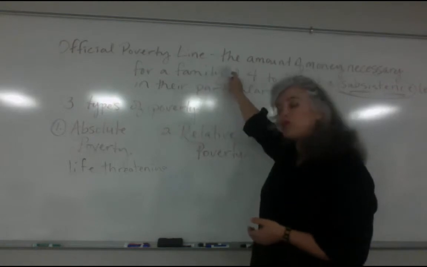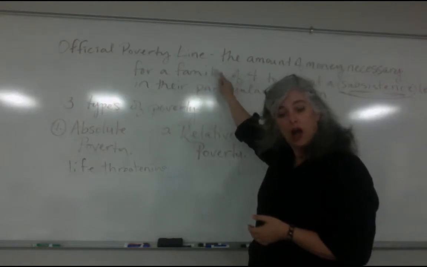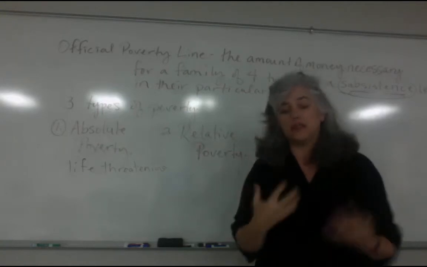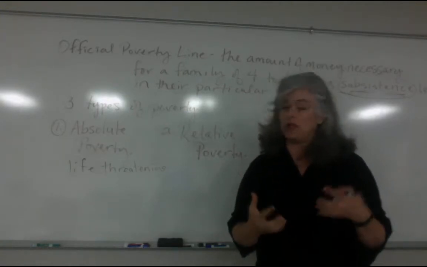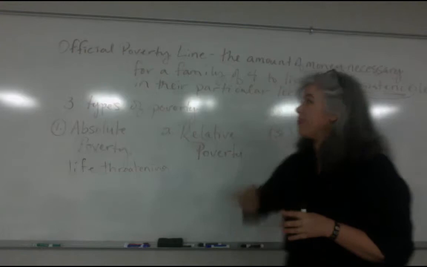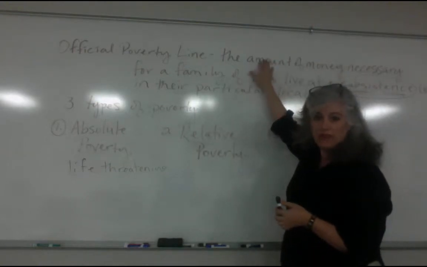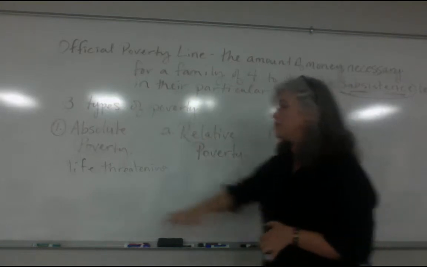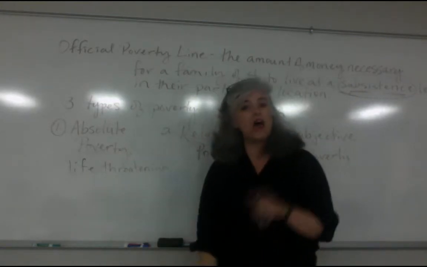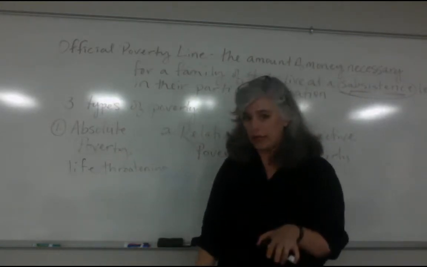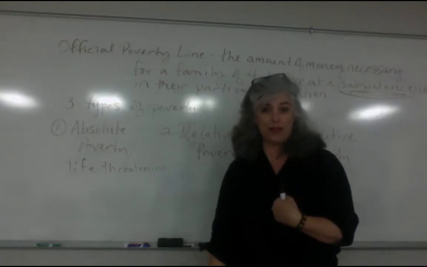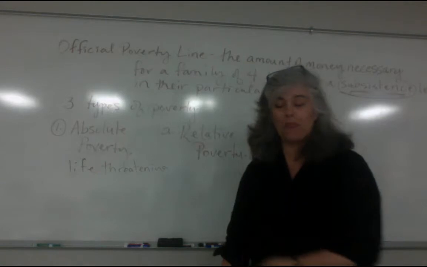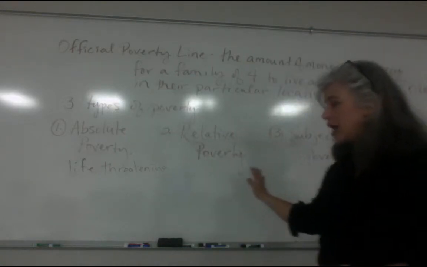We keep a really close watch on this, and we have a lot of safety nets, subsidies, and stipends that are available for people when they come close to this or when they find themselves within this official poverty line. So absolute poverty exists in the United States, but not nearly as commonly as these other two types on our list here, okay? So let's move to the other two types.